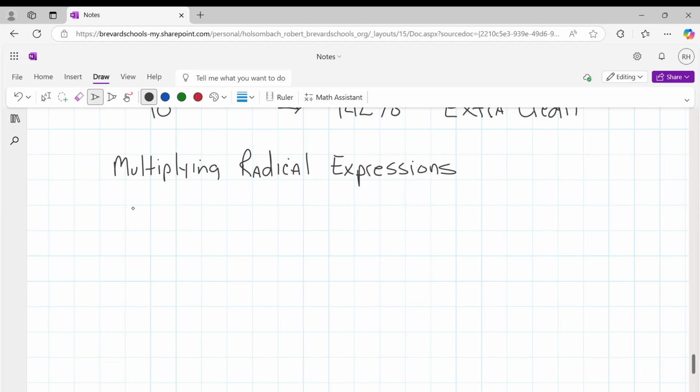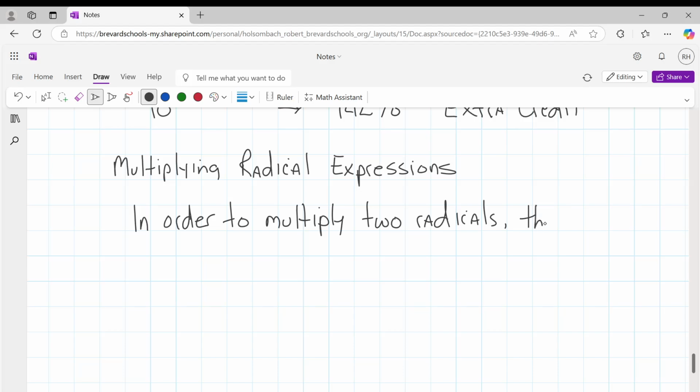All right, in order to multiply two radicals, the index must be the same.